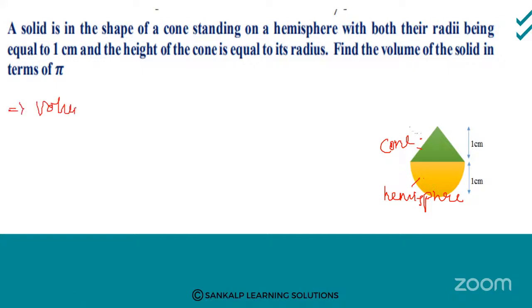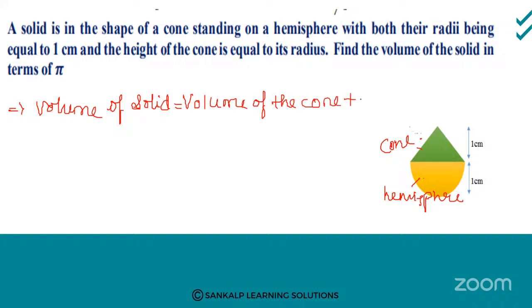Volume of the solid is equal to, so the solid is the combination of hemisphere and cone. So volume of the cone plus volume of the hemisphere.